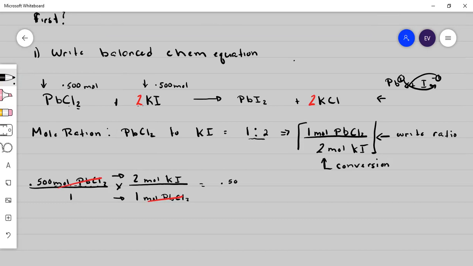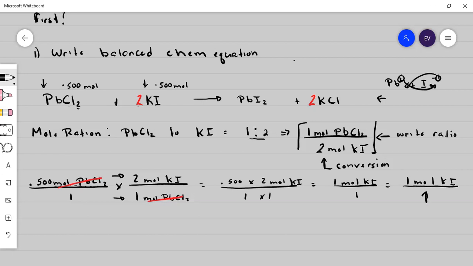So that's going to be 0.500 times 2 moles of potassium iodide over 1 times 1, which gives me 1 mole of potassium iodide divided by 1, which gives me 1 mole of potassium iodide. So this amount here is your calculated amount.